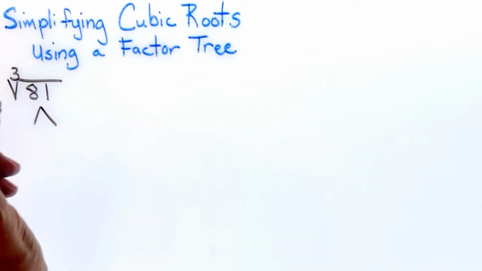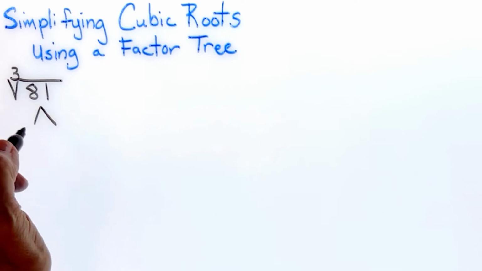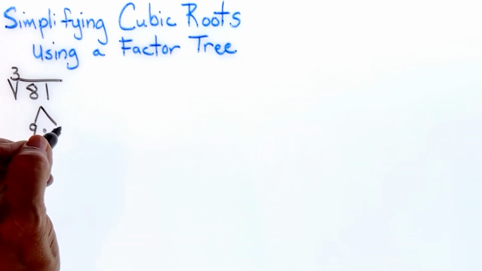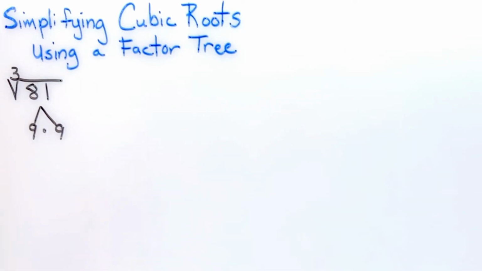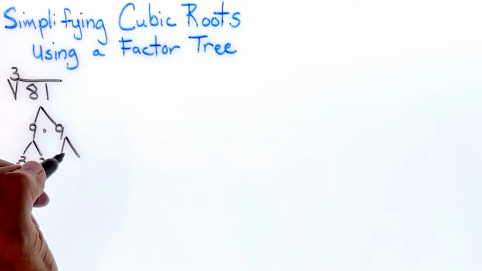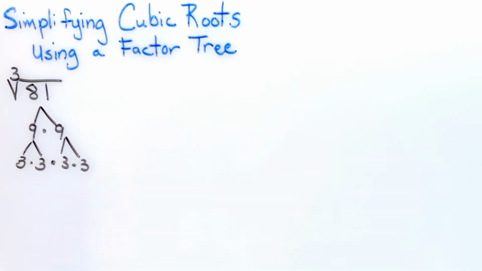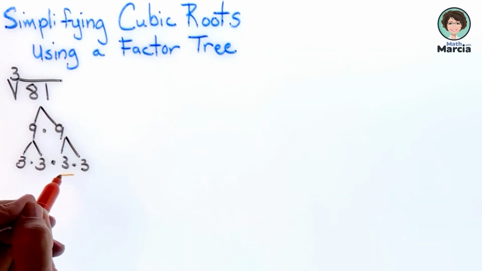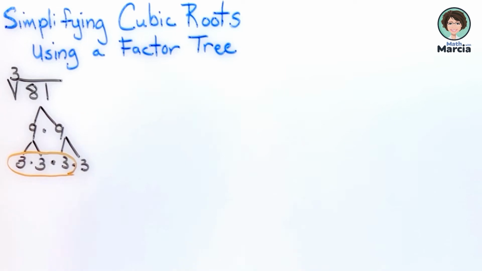So I'm going to break up the 81 into 9 times 9. And then we know the 9s are 3 times 3. So when I'm looking for a cubic root, I will then be circling 3 of the identical factors.